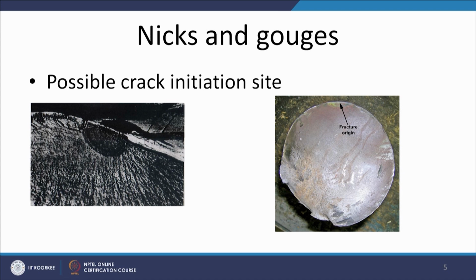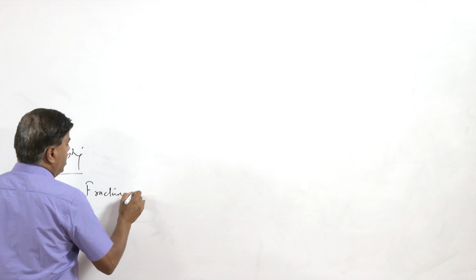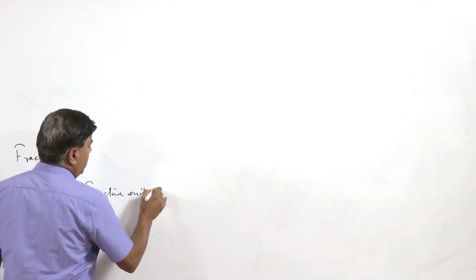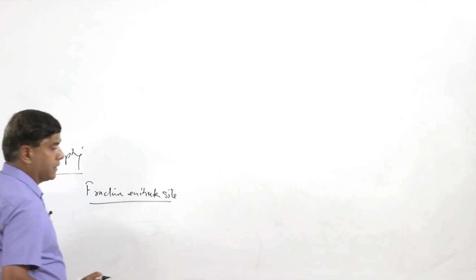Now, as I said, among the various points about which information can be gathered from the macroscopy of the fracture surface, one is the fracture initiation site, where the fracture has initiated from.